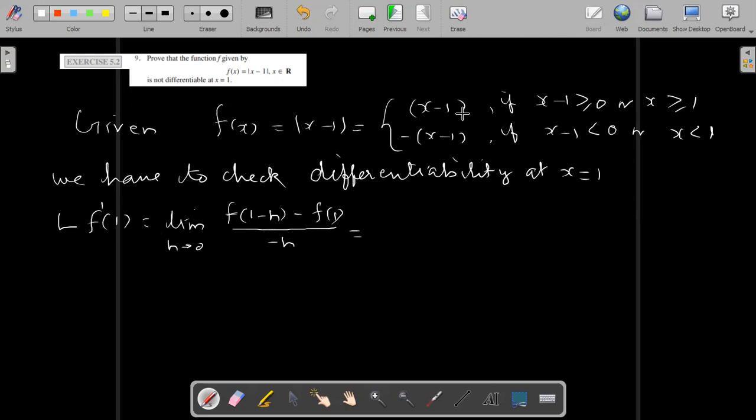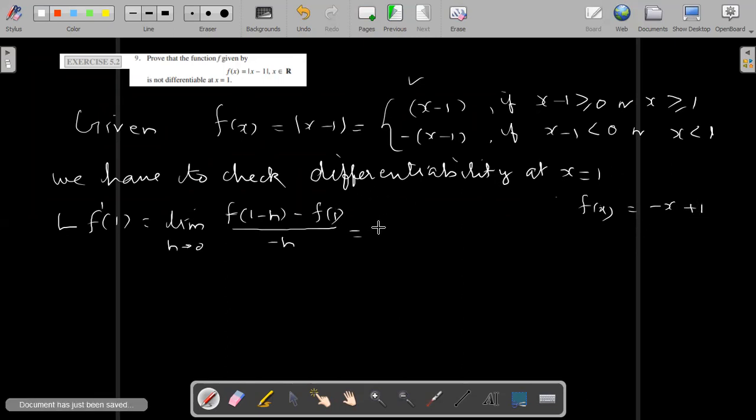For the left hand derivative, which definition will we use? Since x is less than 1, f(x) is equal to minus (x minus 1), which means minus x plus 1.